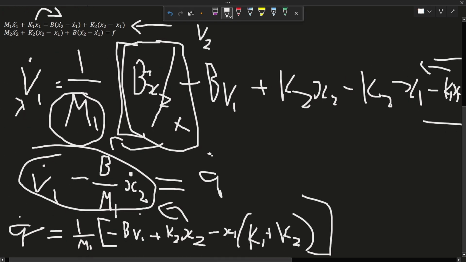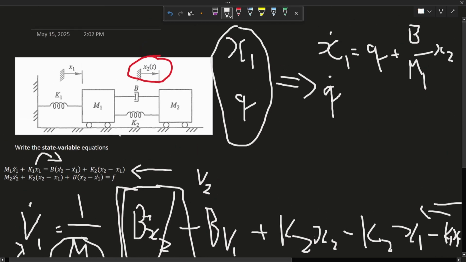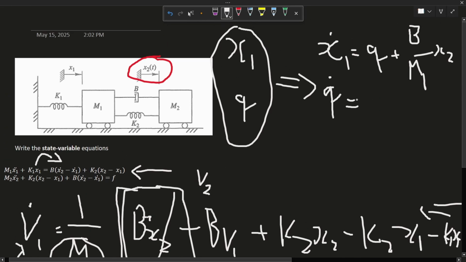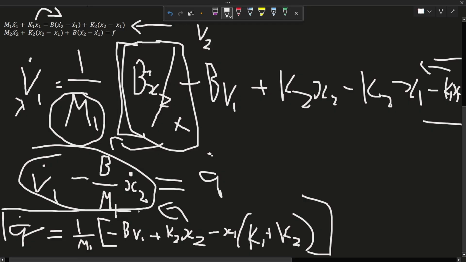And there you go. That is your state variable. The answer of this question would be, well, these are your state variables, and q dot is equal to all this that we wrote.